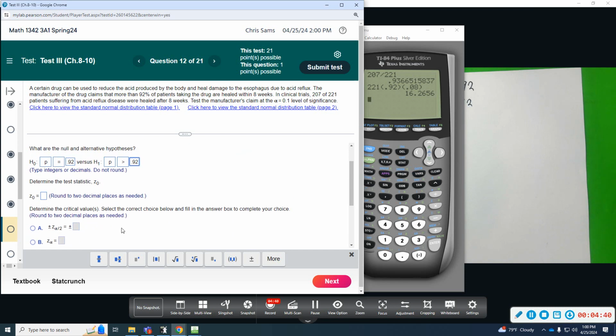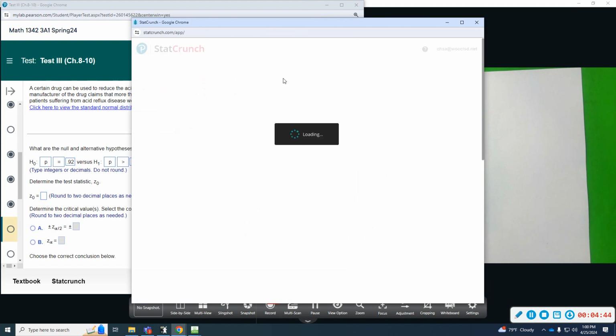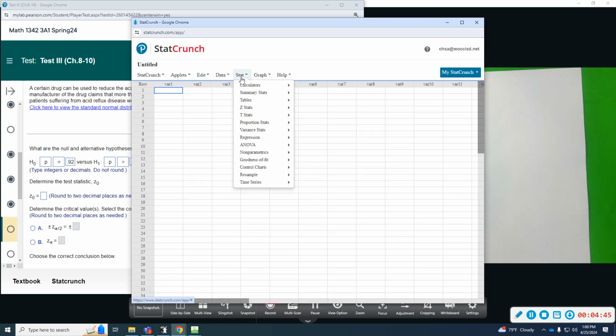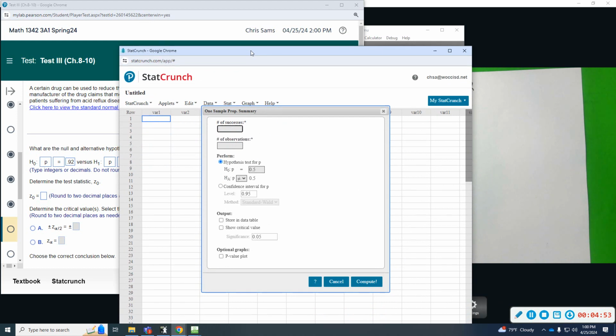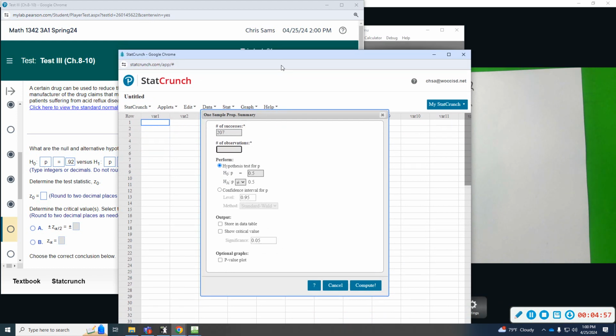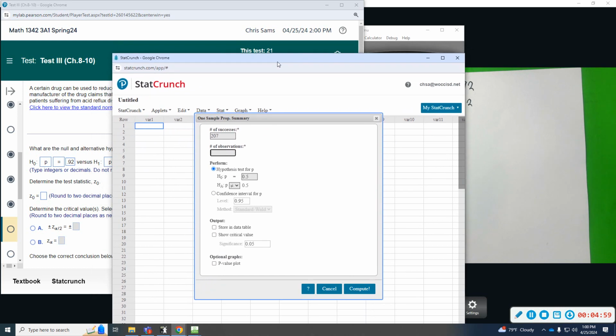Test statistic. We're going to go ahead and pull up StatCrunch and let it do the rest of the work for us. I'm going to do proportion, one sample with summary. We had 207, 221, which was 0.92.